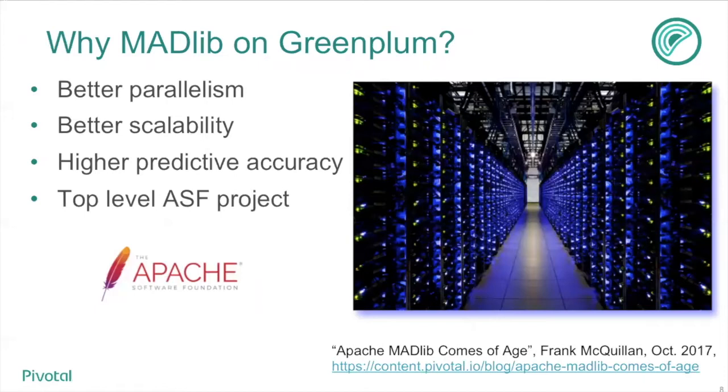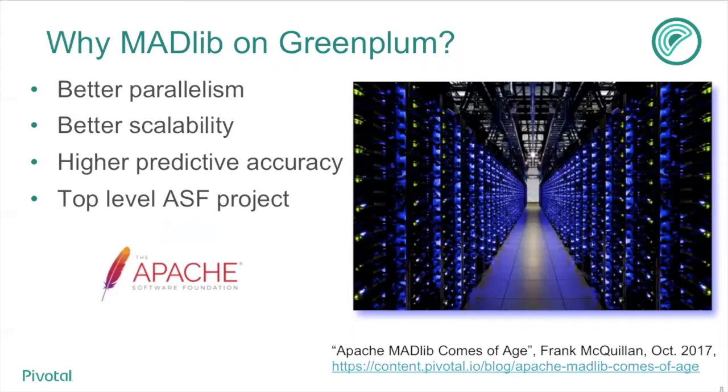And you can't do that in single node Postgres or in a lot of other vendor and open source tools because you run out of memory on a single server. Better scalability, the algorithms scale in a predictable manner with the data set size and the main parameters of the algorithm. So we think a lot about how an algorithm will scale when we build it in MADlib.